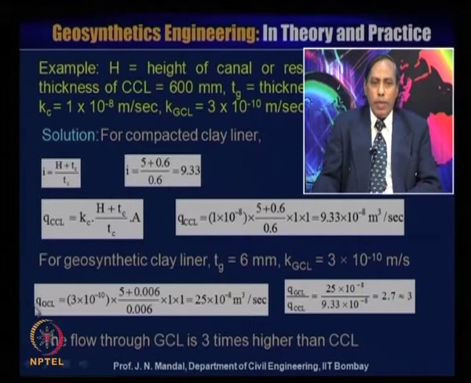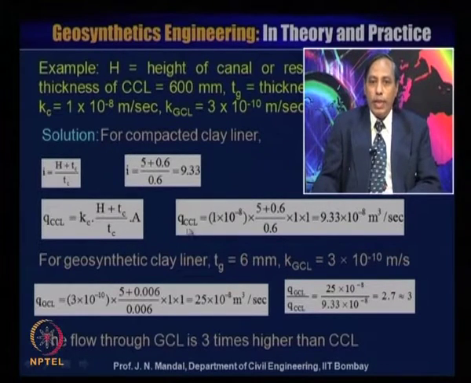So, here Q_GCL will be equal to K_GCL, 3 into 10 to the power minus 10, into (H plus Tg), that means 5 is the reservoir height plus the thickness of the GCL, that is 0.006 meter, divided by Tg, that means 0.006, into 1 into 1. So this will give you 2.5 into 10 to the power minus 8 meter cube per second.